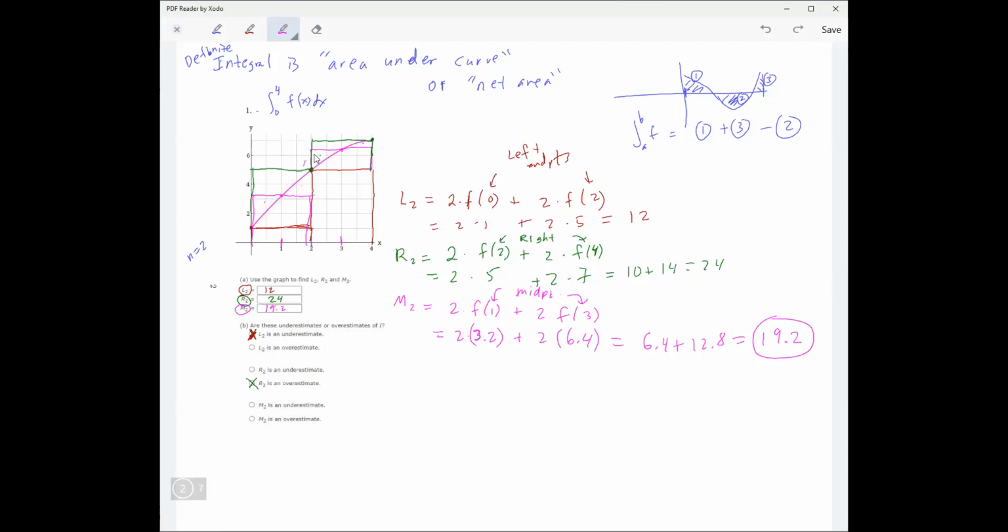So the area that was counted that should not have been counted is more than the other one, which indicates that it's an overestimate.